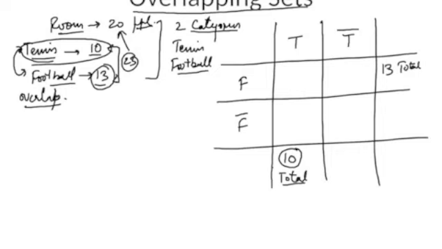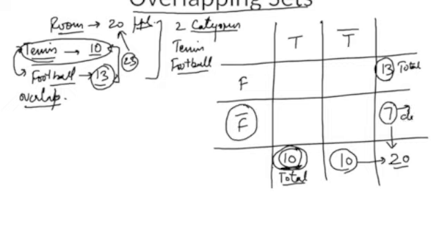And there are a total of 20 people in this room. So 10 plus 10 is equal to 20. Once I get this number, I automatically get this number. Similarly, 13 plus 7 is equal to 20. So I get this number also. So 7 people don't play football. Similarly, 10 people don't play tennis.